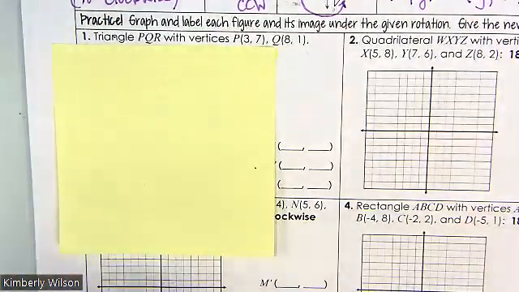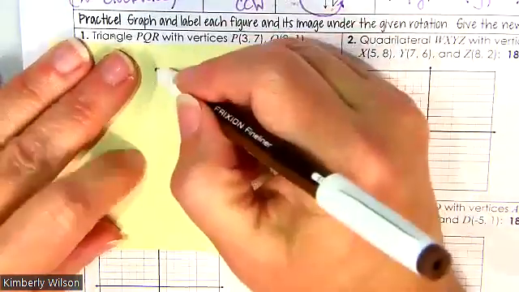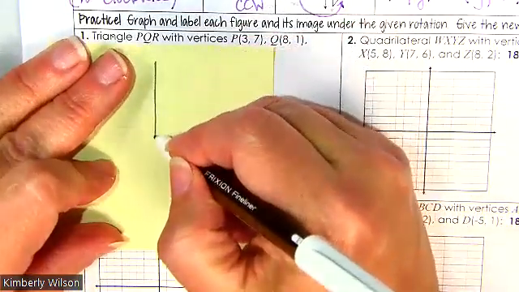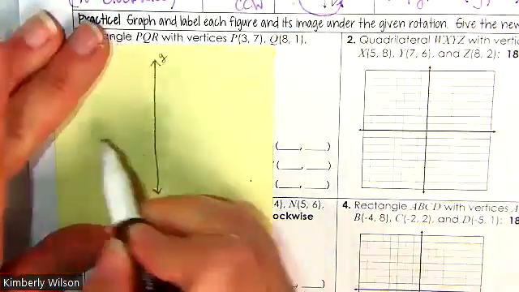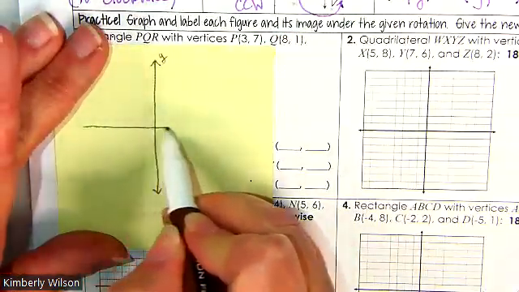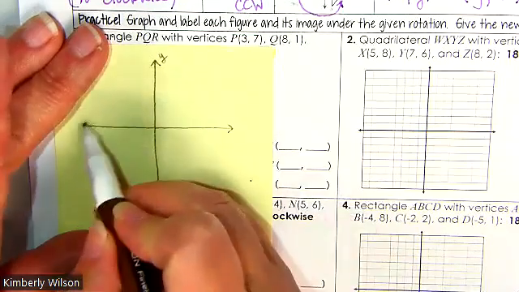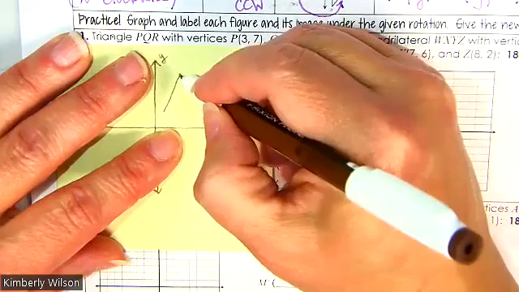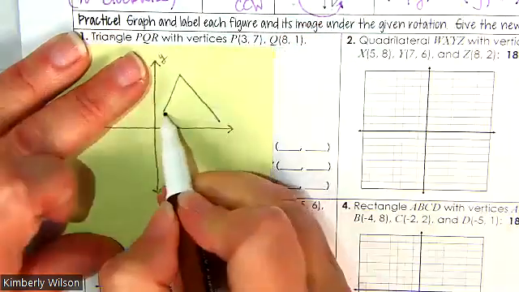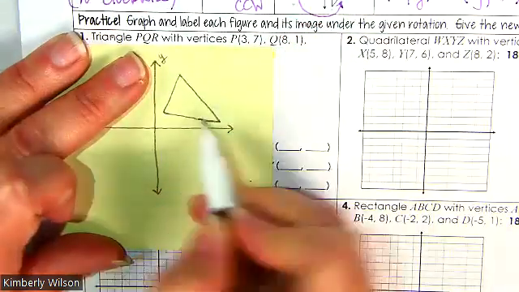Okay, so I am just going to trace this. There's the y-axis. There's the x-axis. And I'm just tracing my shape.